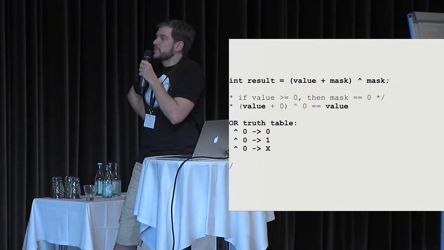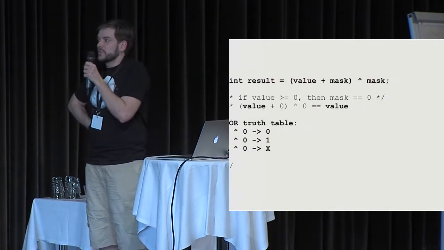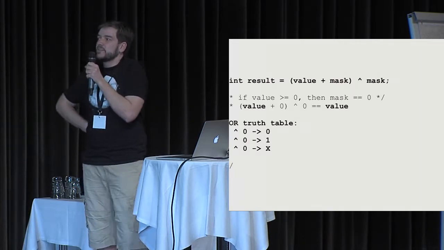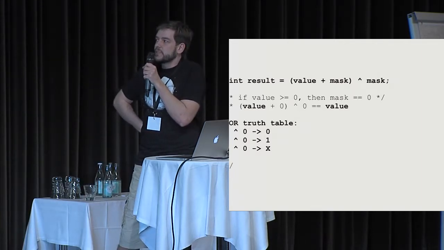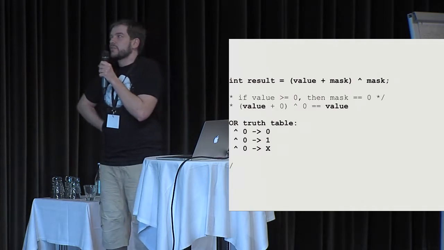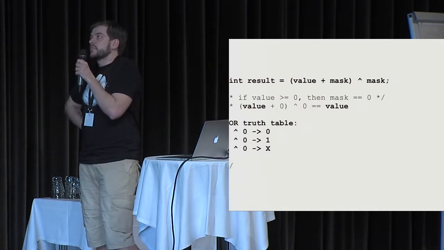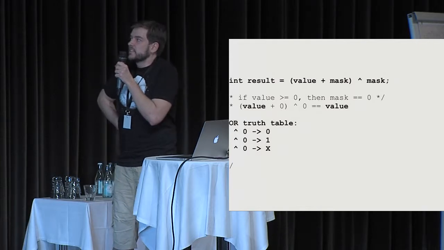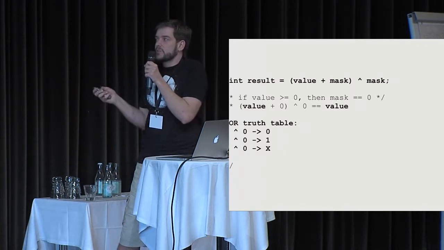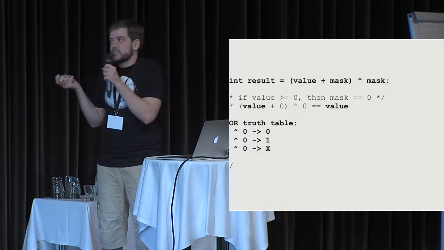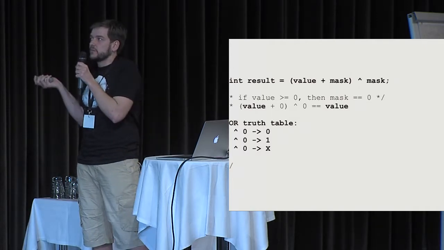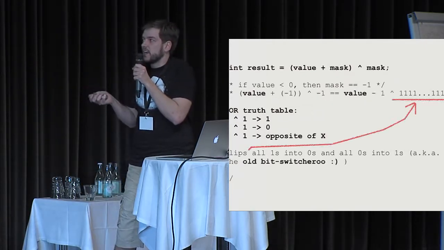How does it work? So the XOR truth table, or at least half of it, says that any kind of number XORed with 0 gives the same number. So if your value is positive or 0, then your mask will be 0, and then your expression will just return the same value, which is good, because the absolute of a positive value should give back the same value.